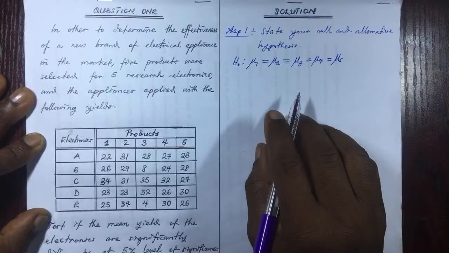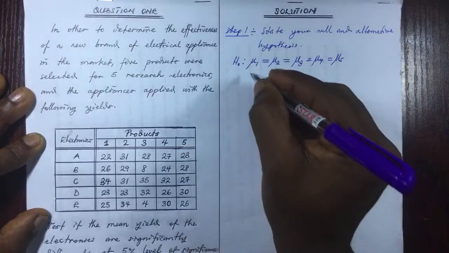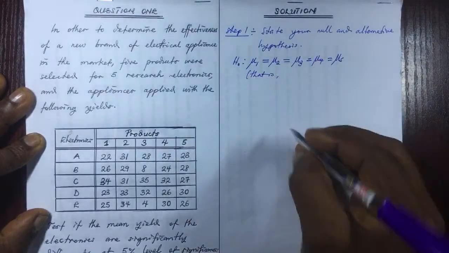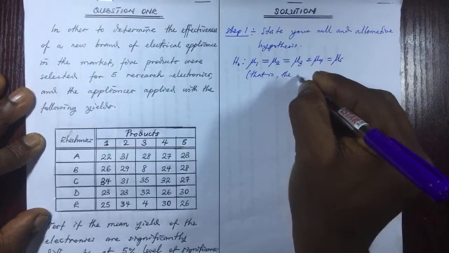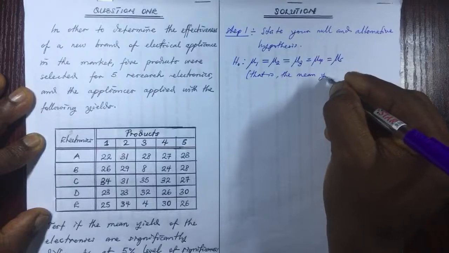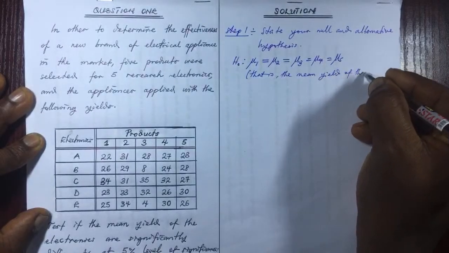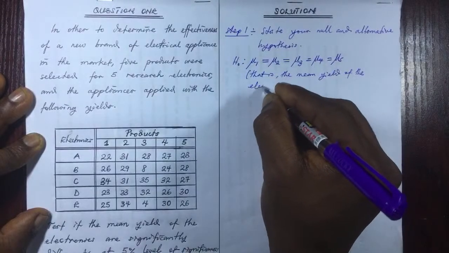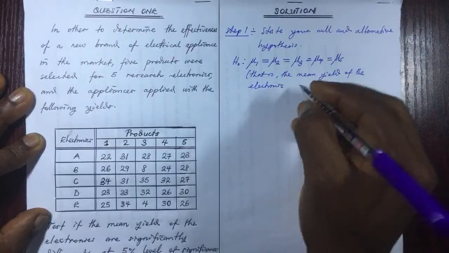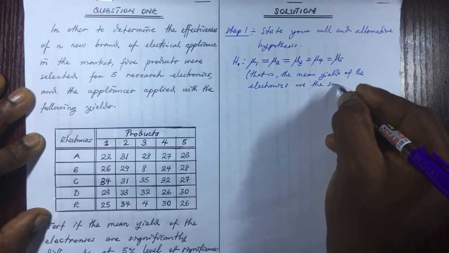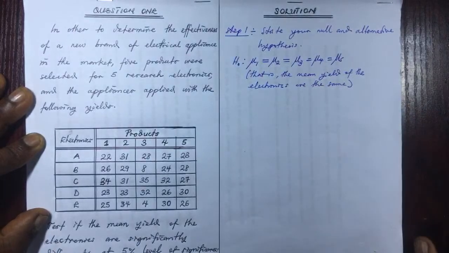Now what this means, please take note, is that we are, in other words, saying that the mean yield of the electronics are the same. So we are saying that they are not significantly different. Okay, that's what we are saying.